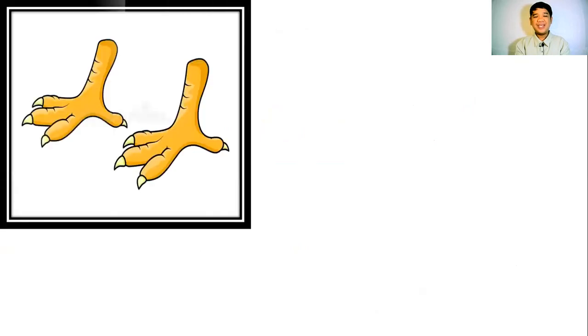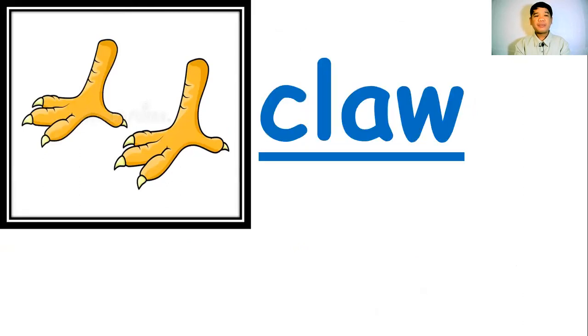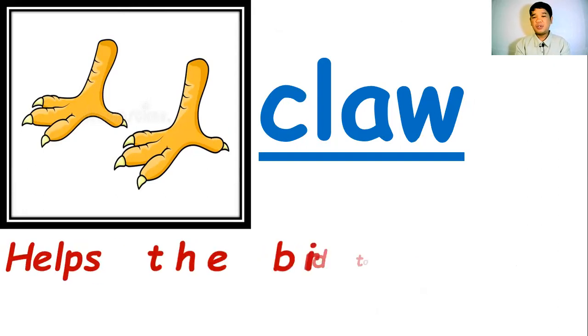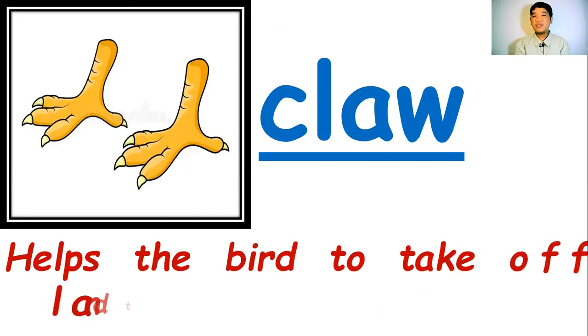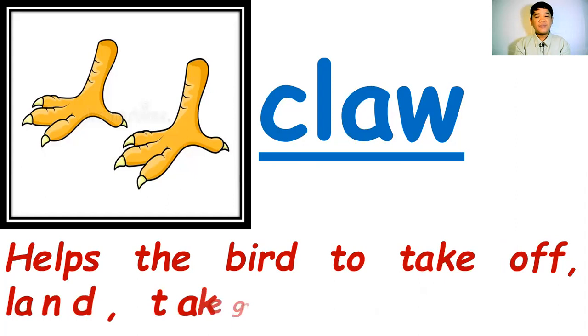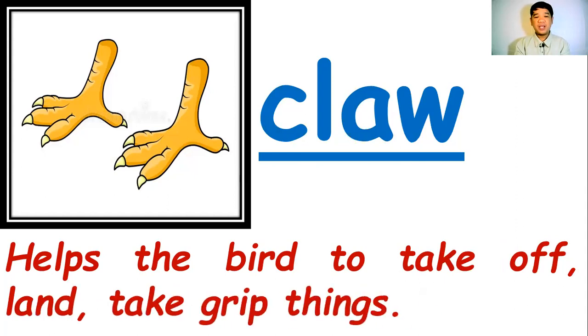Right, next. All right, this is the claw of the bird. So what is the main function of the claw of the bird? It helps the bird to take off, land, or grip things. Sometimes they can get anything, especially if they are starting to make their nest.